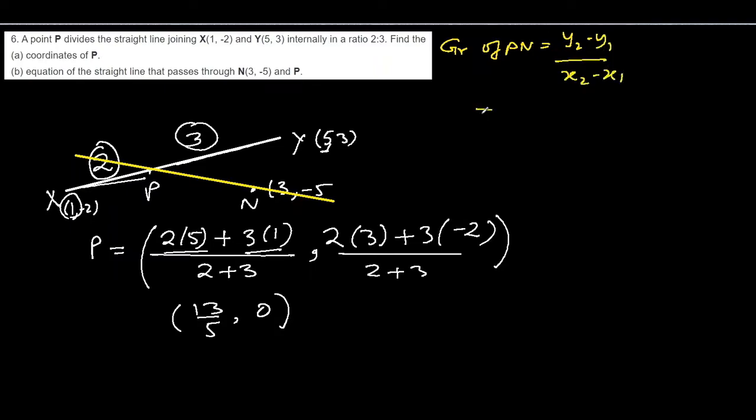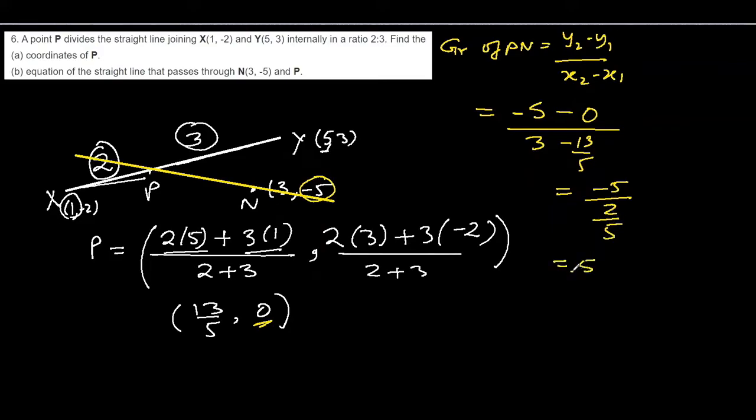So y2 is the y coordinate of one of the points, minus 5, minus the y coordinate of P, 0, divided by the x coordinate, 3 minus 13 over 5. That comes out to be minus 5 divided by 15 minus 13, which is 2 over 5.